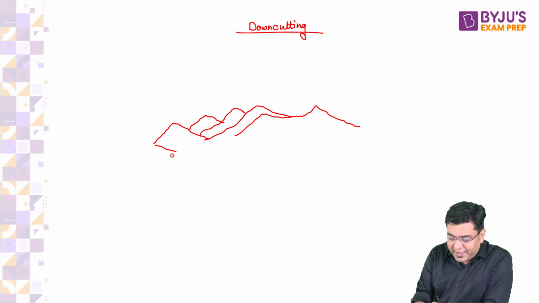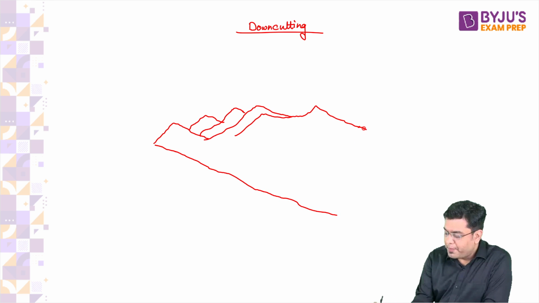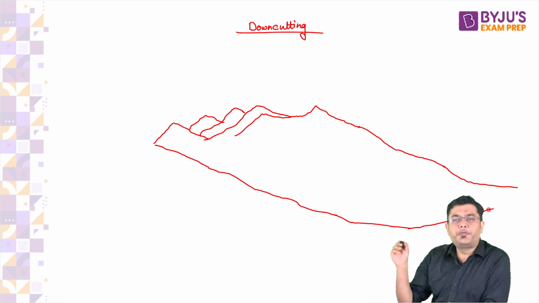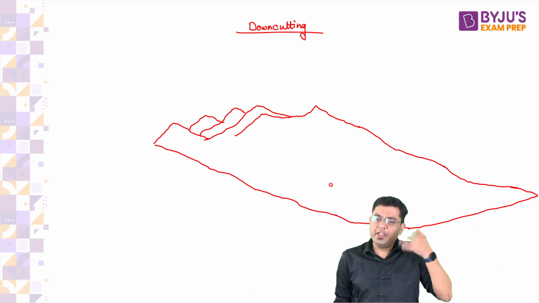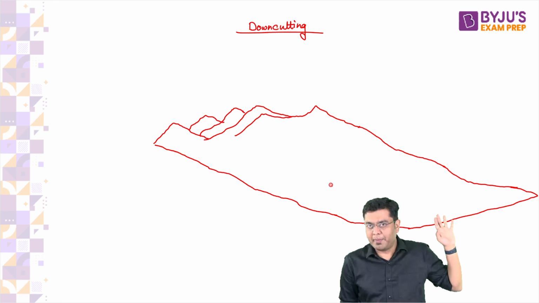So basically, it will have a kind of a slope. Let's suppose this region will have a kind of a slope before forming a kind of a plain region. So this region of slope can extend for hundreds of kilometers, even thousands of kilometers for that matter.